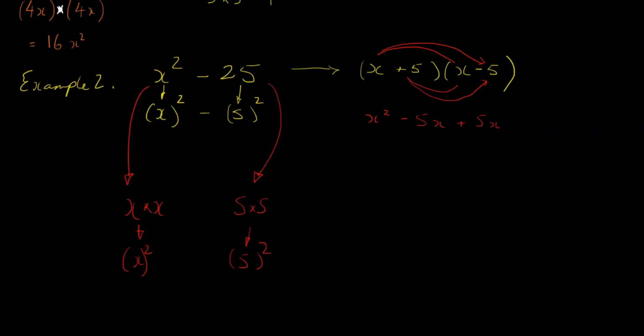Why are we doing that? These cancel out, and I'm left with x squared minus 25. So it works. That's all we're doing. We're just making this a simpler form. But this all connects.